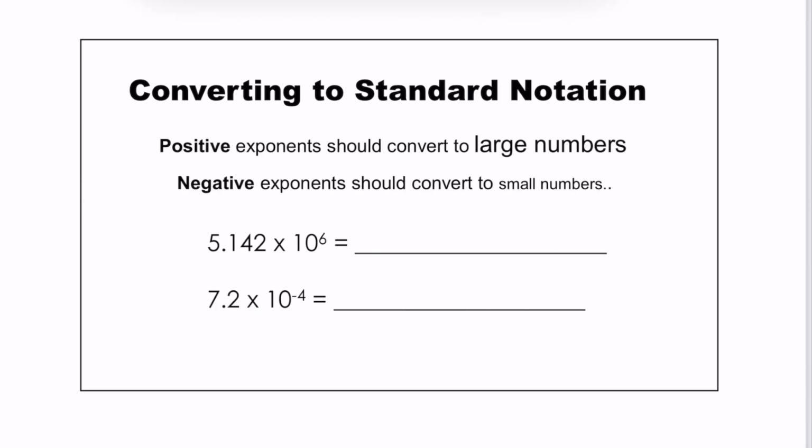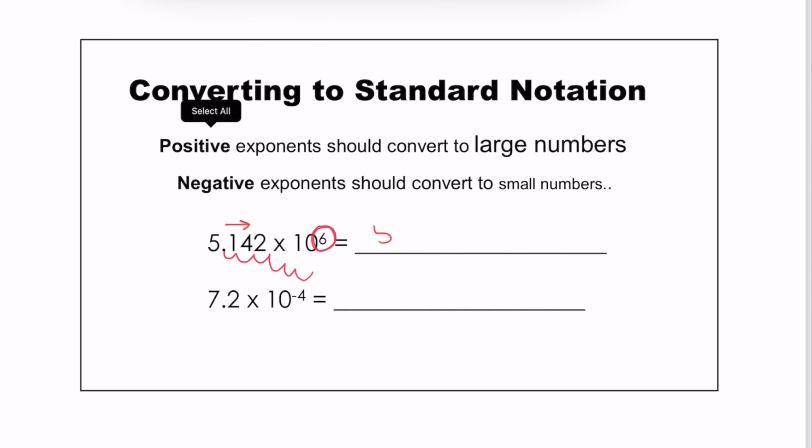So you should also be familiar with going back and forth. So how do we go back to standard notation? Pretty much move the decimal. So remember, positive exponents mean this number should get larger, and the way we make the number larger is we move the decimal that way. So we're going to move it 6 times. 1, 2, 3, 4, 5, 6.